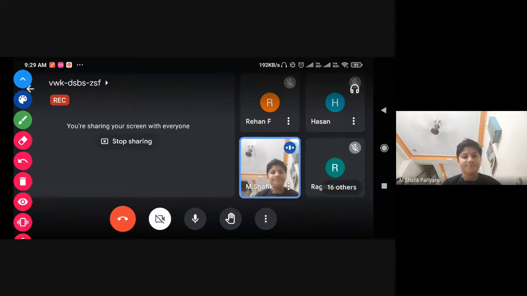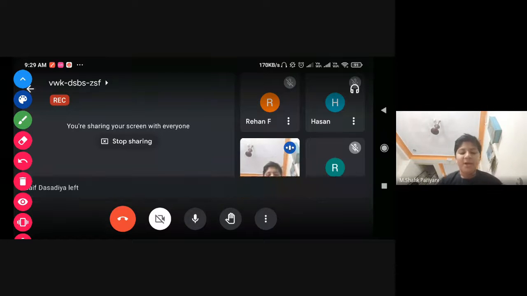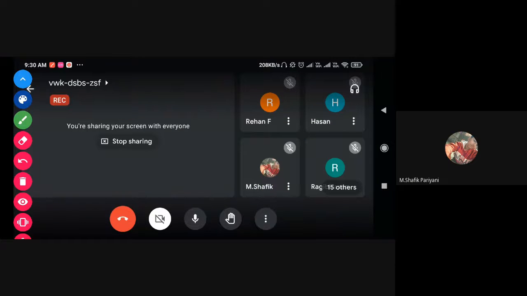Fibers are either natural or synthetic. Cotton, wool, silk, and jute are some natural fibers, while nylon and polyester are some examples of synthetic fibers. Very good, Shafiq.